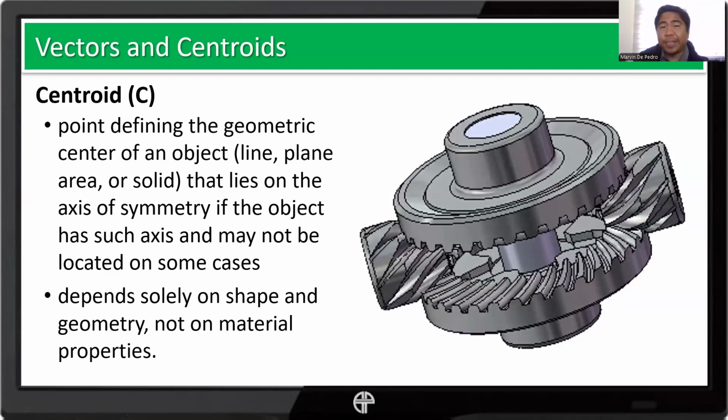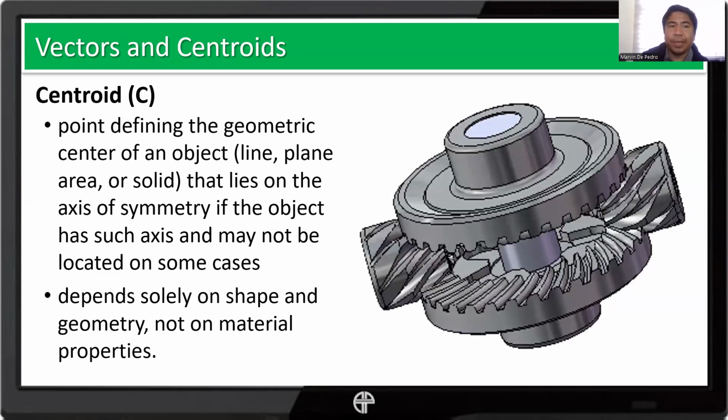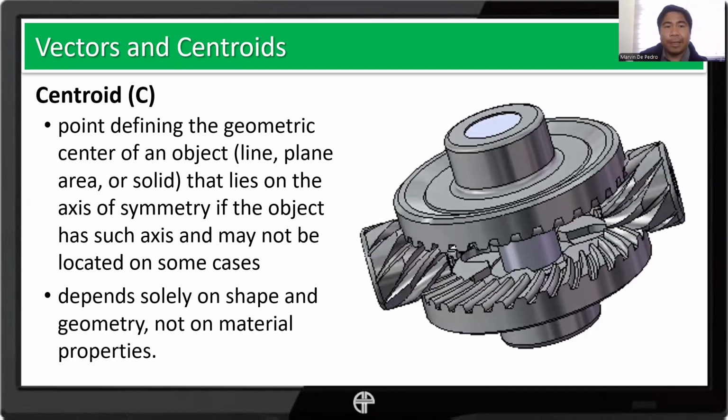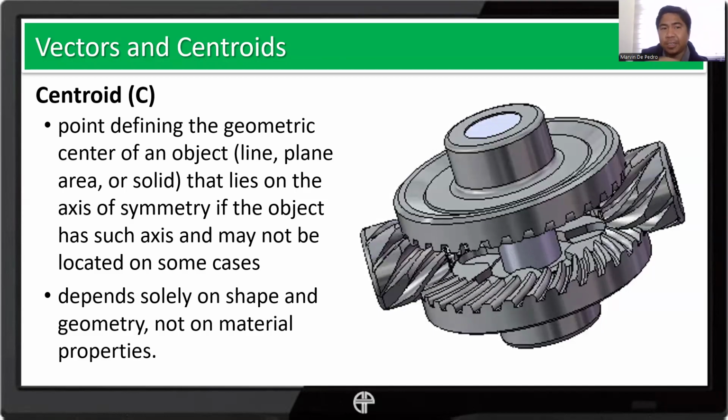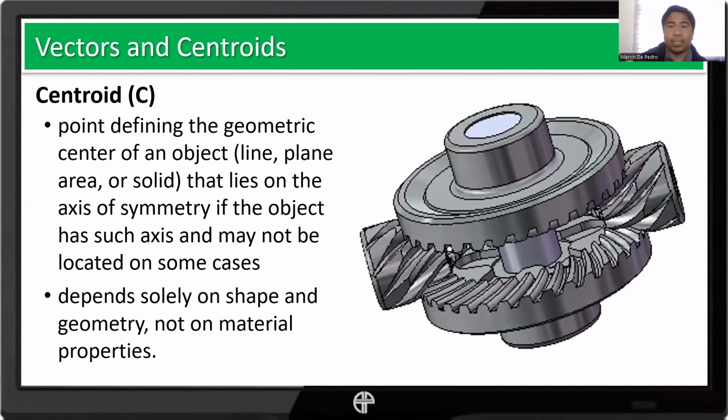A centroid is the point defining the geometric center of an object, whether that is a line, a plane area, or a solid. It lies on the axis of symmetry if the object has such an axis, and in some cases may not be located on it.